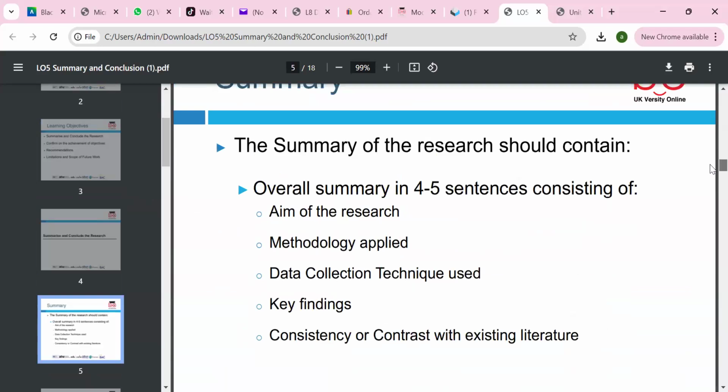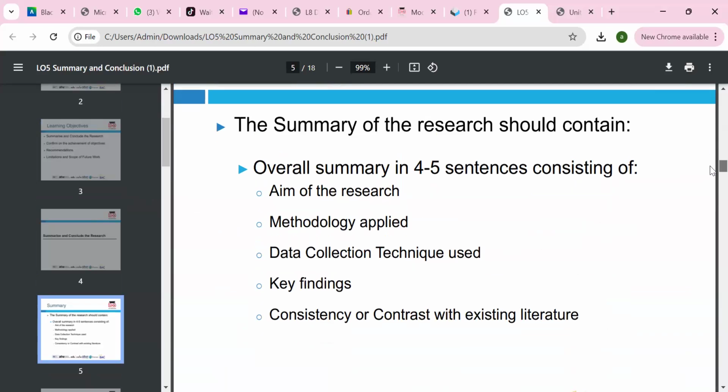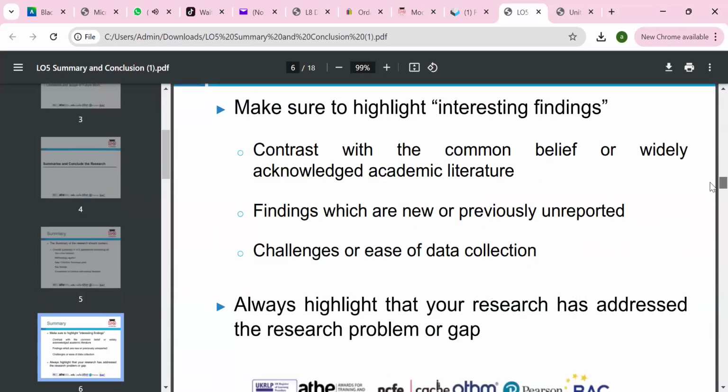So the summary of the research should contain 4 to 5 sentences, consisting of the aims, research methodologies, data collection technique used, key findings, and consistencies. Make sure to highlight interesting findings that contrast with common belief and the widely acknowledged literature, findings that are new or previously unreported, or challenges in the data collection, and always highlight how it addresses the research problem or the literature gap.